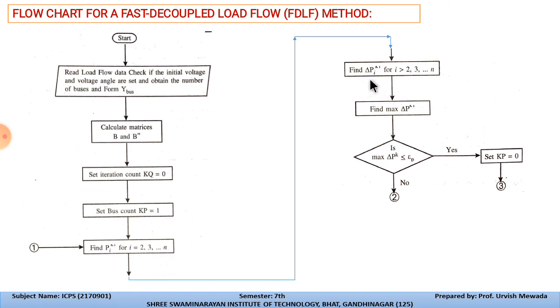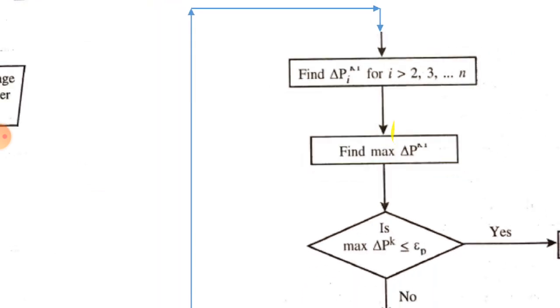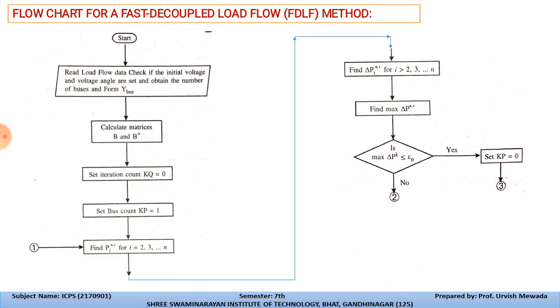And find delta P i, which is the change in power from the initial bus to the nth bus. And find the maximum delta P.